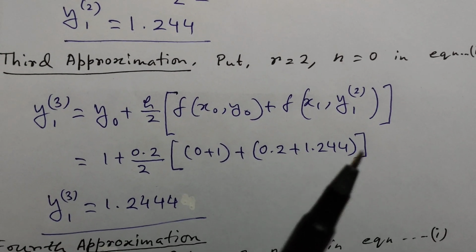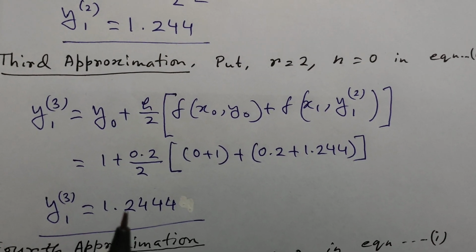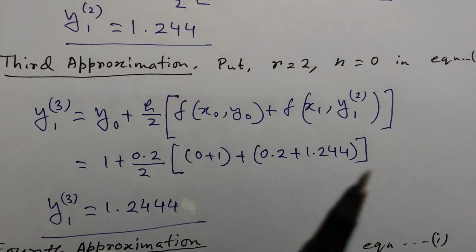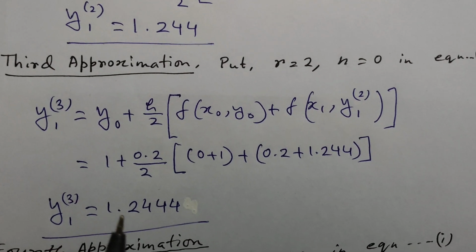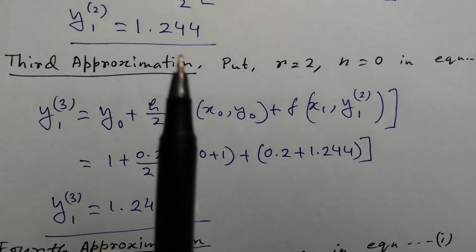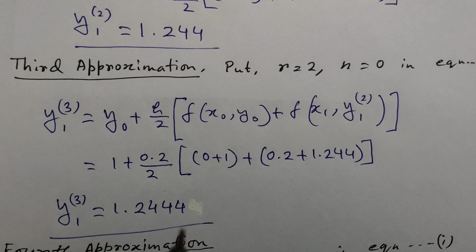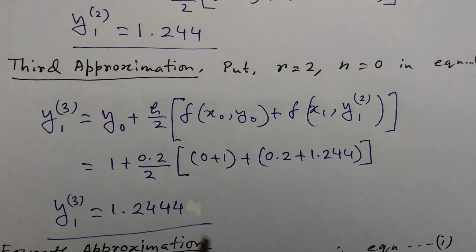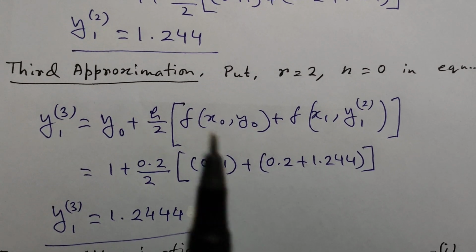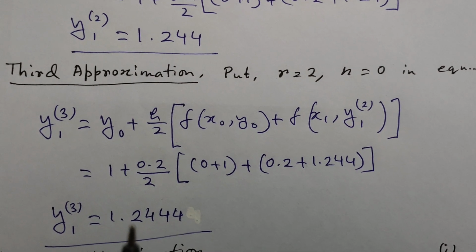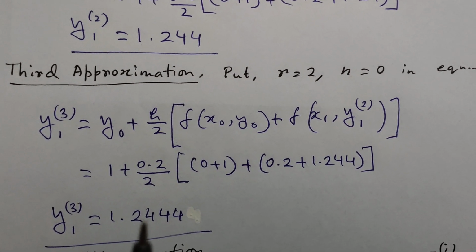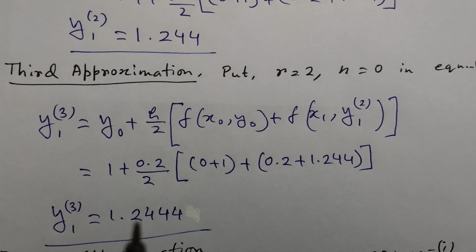And putting all these values, we will get y1^(3) equals 1.2444. We have got 4 decimal places here, but we have to get the same value for y1, which will be the same up to 4 decimal places.